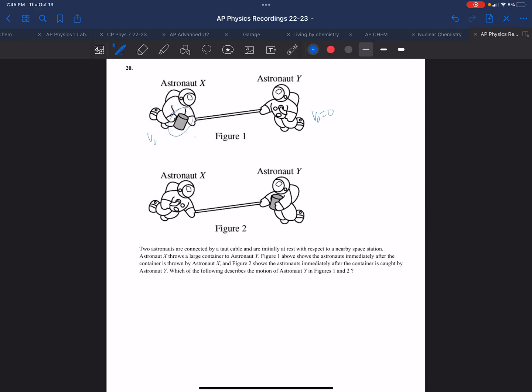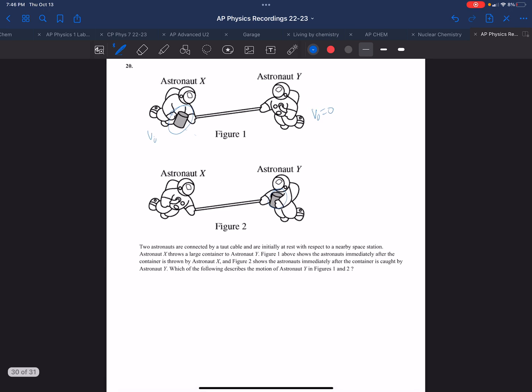It's going to throw it, and this one's going to catch it. Immediately after the container is thrown by X. So X has already thrown it after it's caught by Y. What describes the motion of astronaut Y in figures 1 and 2?